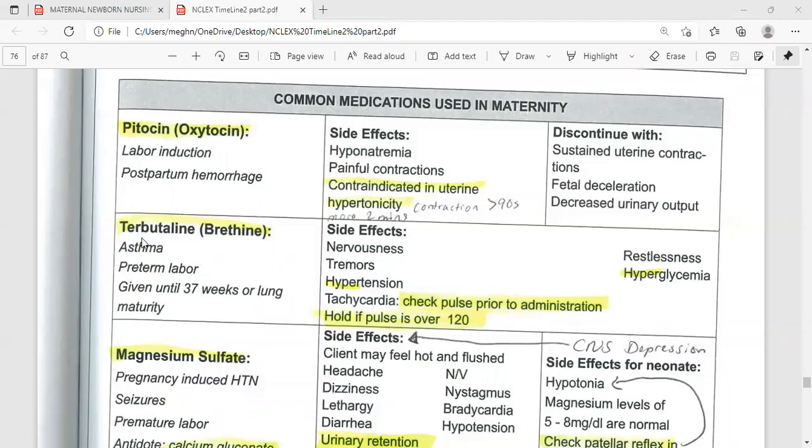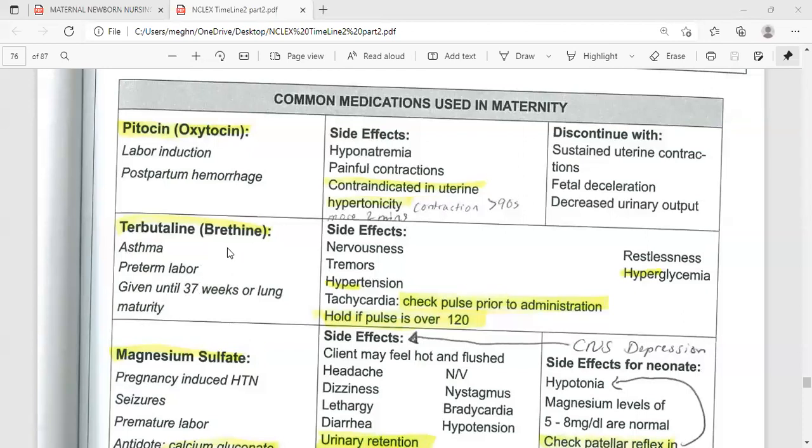Basically, we use it for asthma or chronic obstructive pulmonary disease, so-called COPD, or bronchitis and emphysema. But terbutaline we also use for preterm labor, right? Or it is given within 37 weeks or for lung maturity.